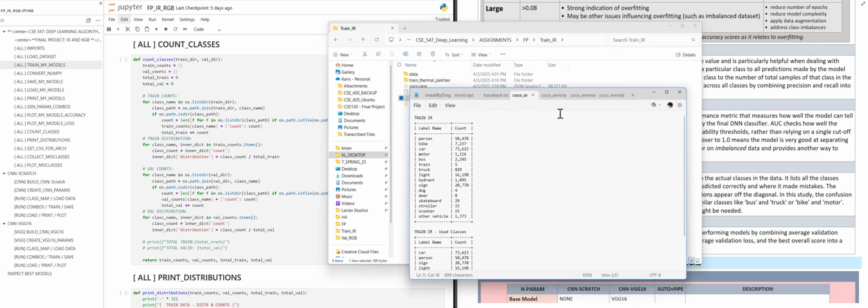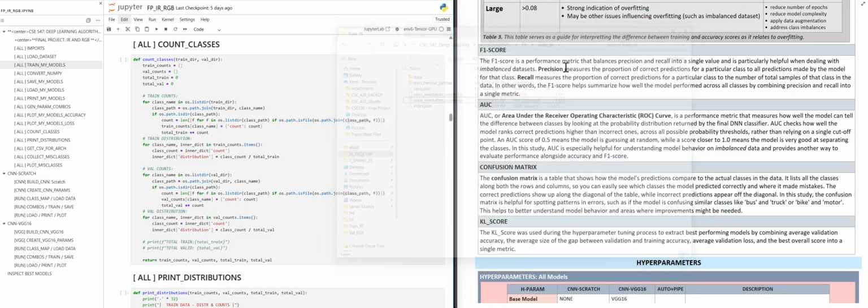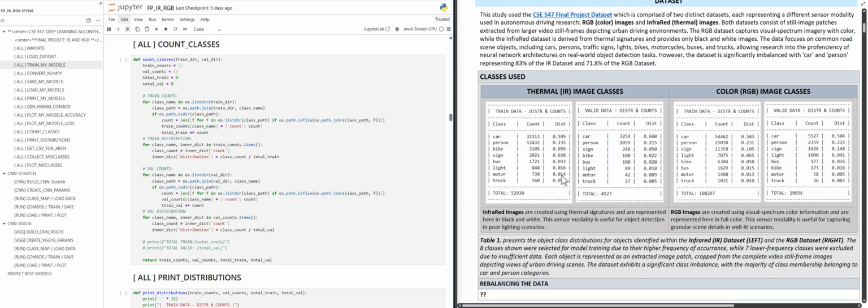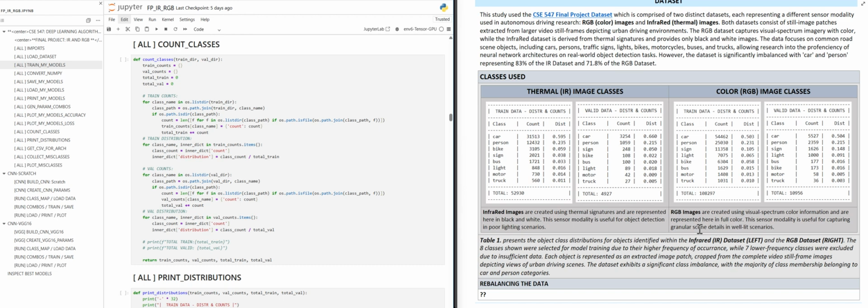I guess this was taken from a larger data set because these numbers are not correct for what's in here. So anyway, I recalculated those to get my own counts for the data so that I could understand the distribution and how balanced the data set was ahead of time.